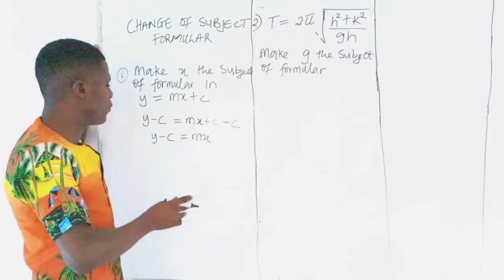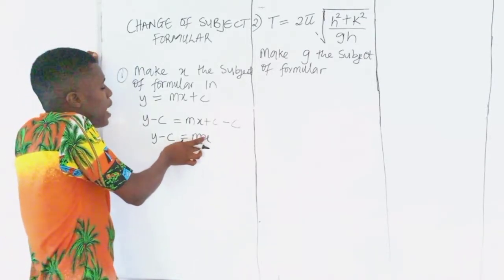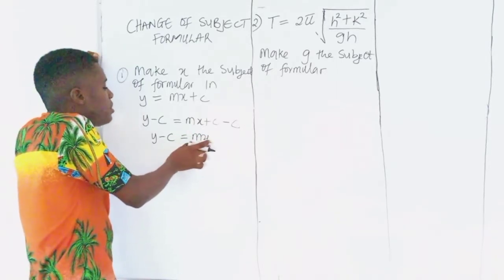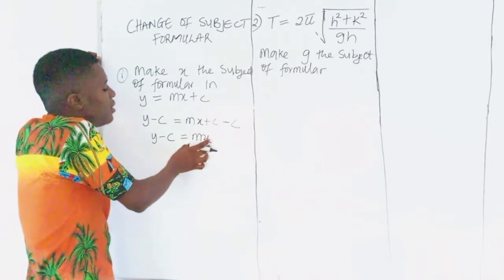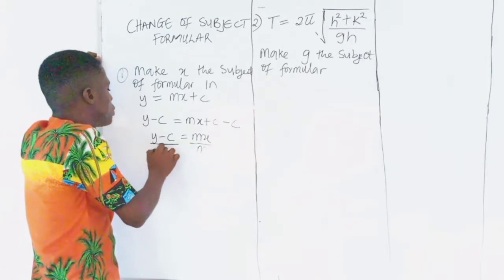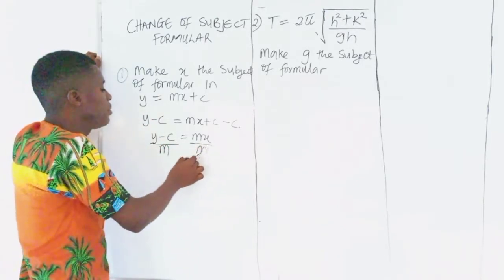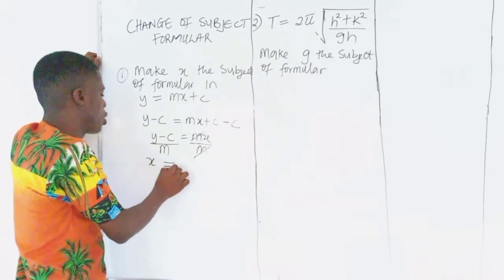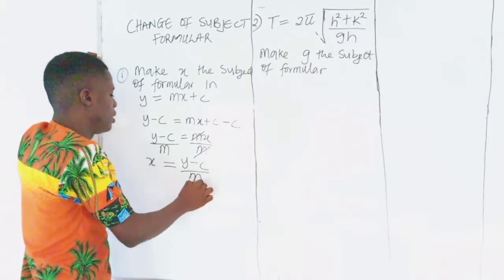Now if you observe this equation, this x is being multiplied by a coefficient of what? This x is being multiplied by m. So I can divide both sides by m so that I can know the value of x. Dividing by m, I'm left with x equal to y minus c all over m.